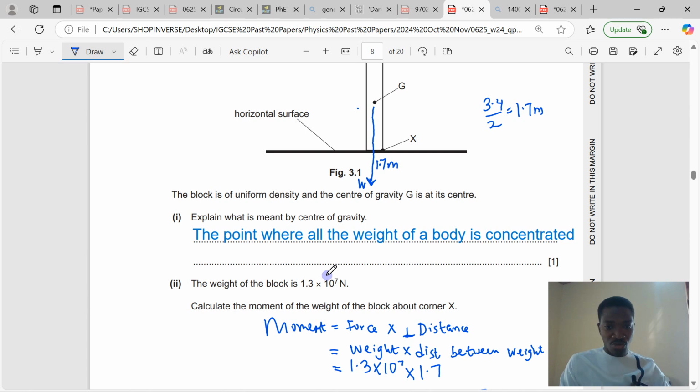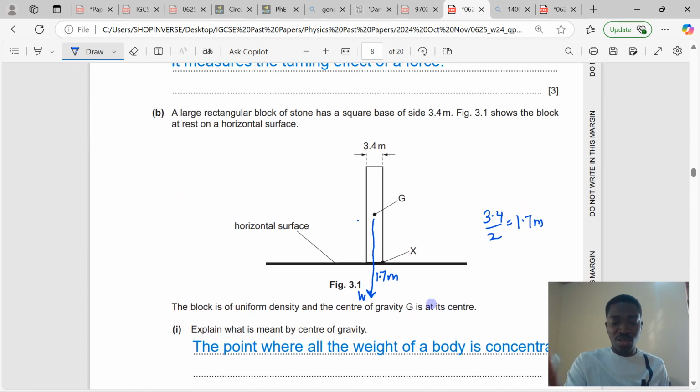The weight of the block is 1.8 times 10 to the power 7 Newton. Calculate the moment of the weight of the block about point X. Okay, so if you are taking point X as the pivot and the weight acts along the center of gravity, then the distance between where the weight acts and the pivot will be this distance here.